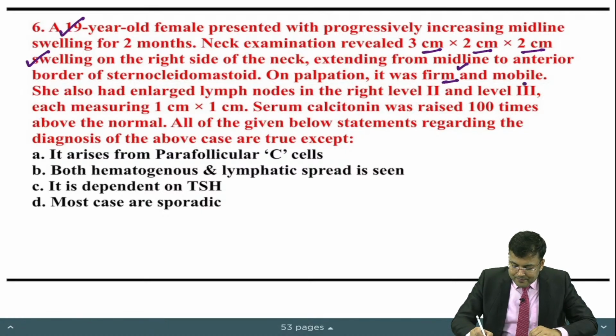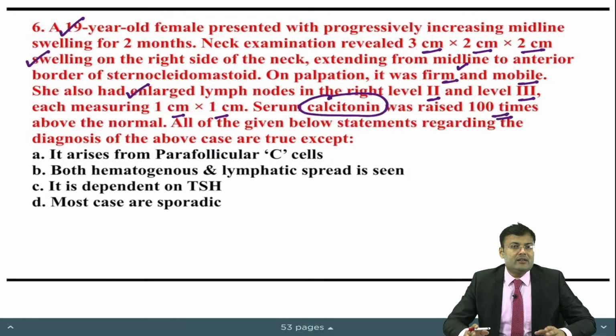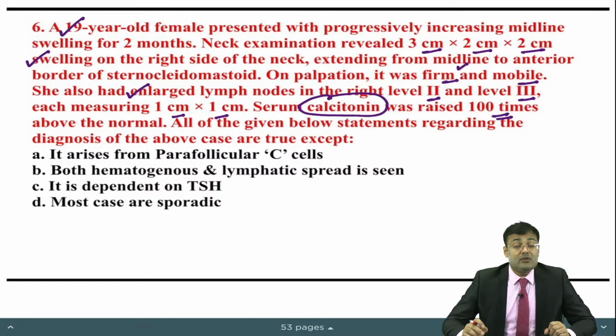It's firm, mobile, there are enlarged lymph nodes involving level 2 and level 3, each measuring 1 into 1 centimeter. See the clue, serum calcitonin was raised 100 times above the normal. All of the following statements regarding the diagnosis of above case are true except.